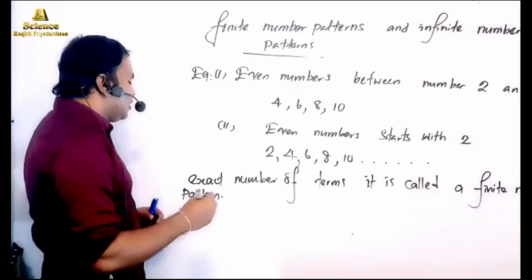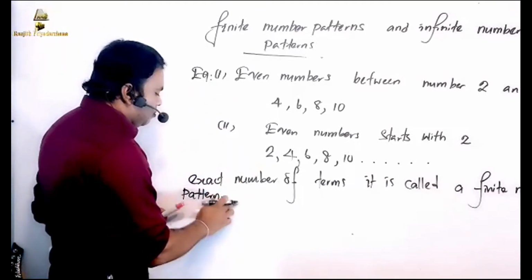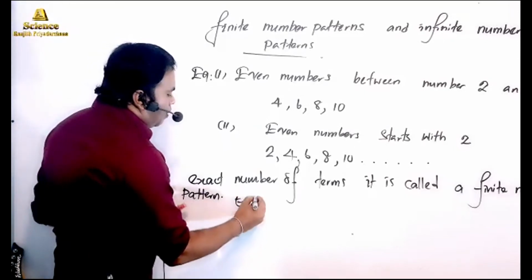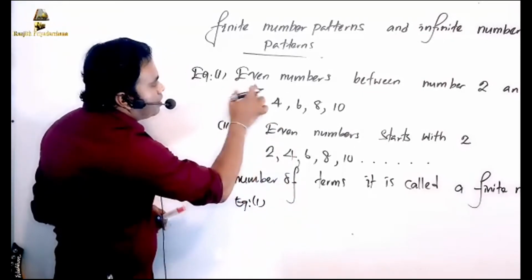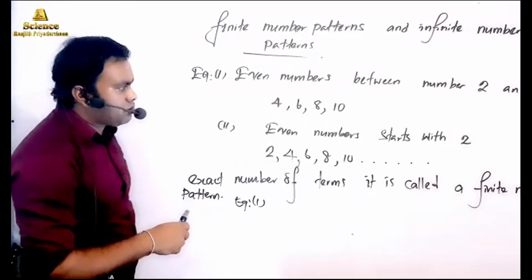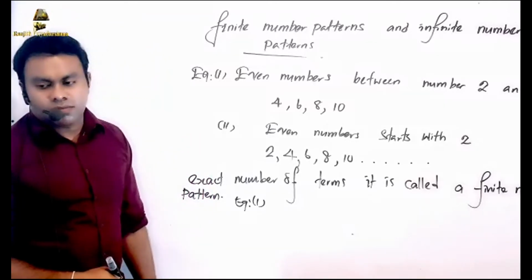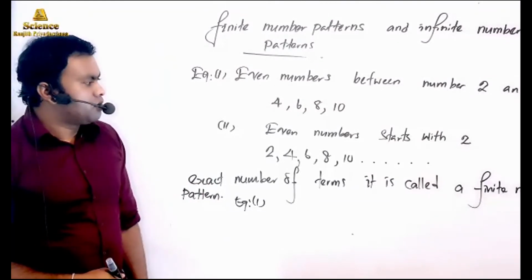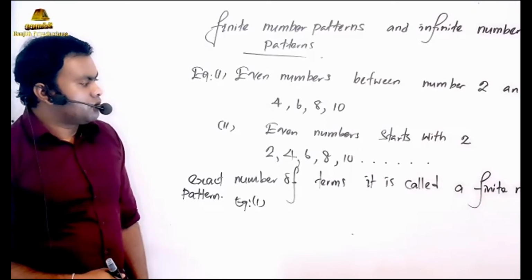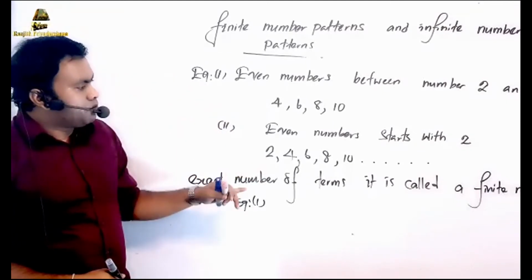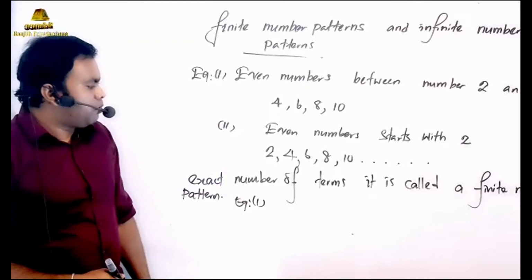Okay, take down example number 1. Example number 1, take down here. So you have to write this statement as well. Even numbers between number 2 and number 12. Number of terms are exact, or number of terms finite.